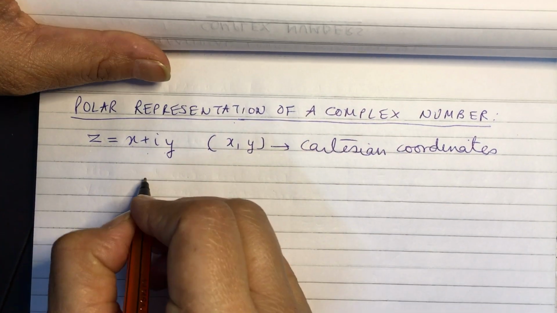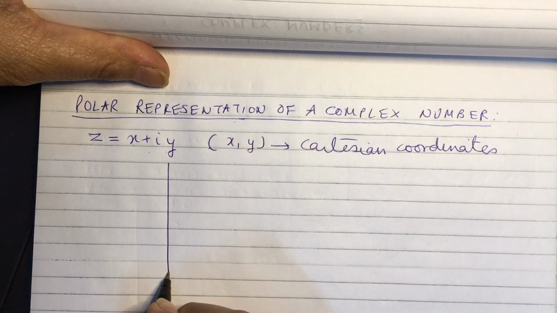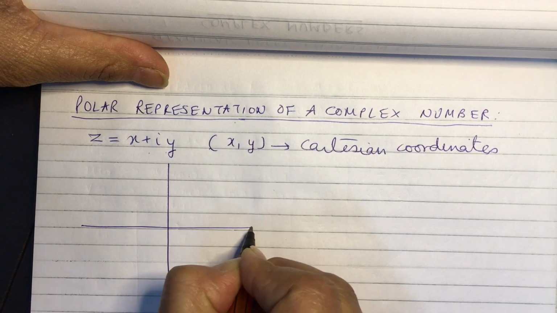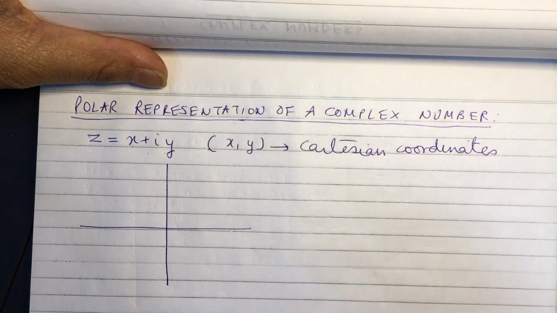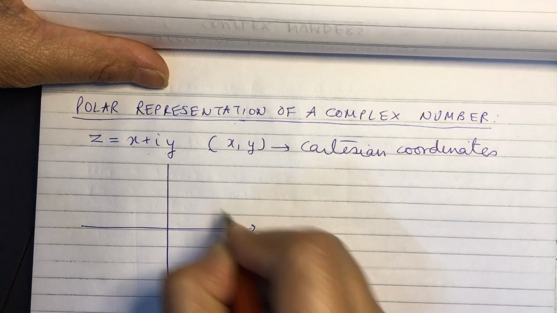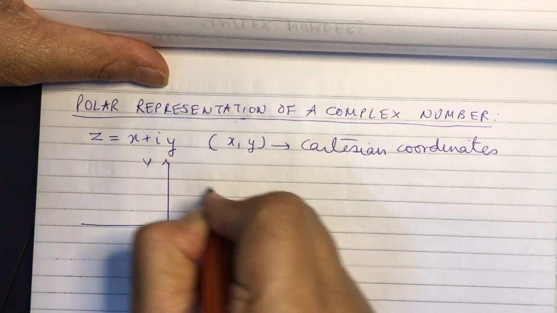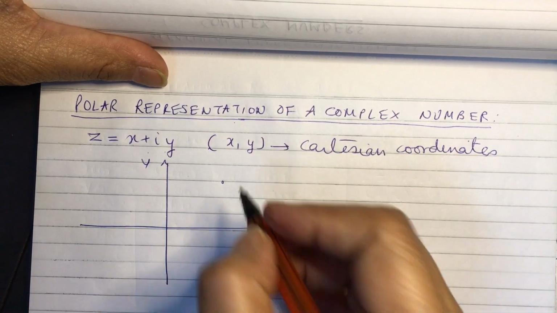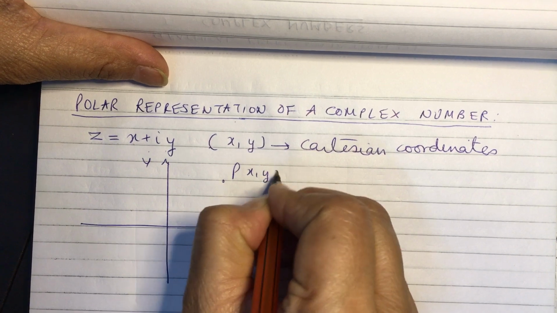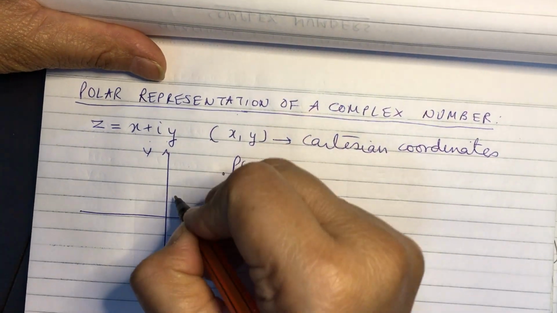Now, what is r and theta? Given this complex number, we can draw the Argand diagram for this. Suppose x and y are both positive. So, the corresponding point is x comma y, which lies in the first quadrant.